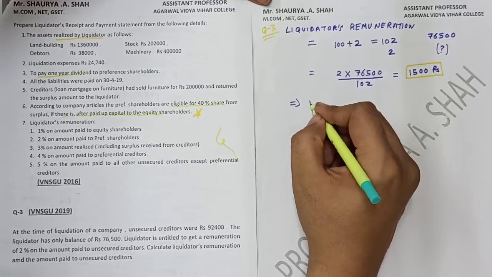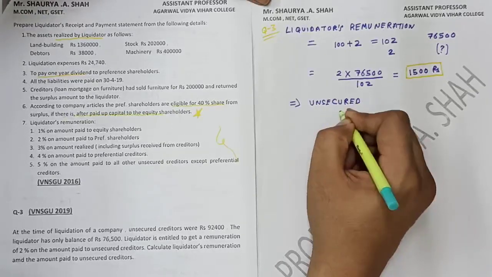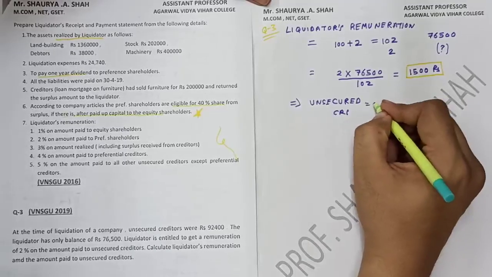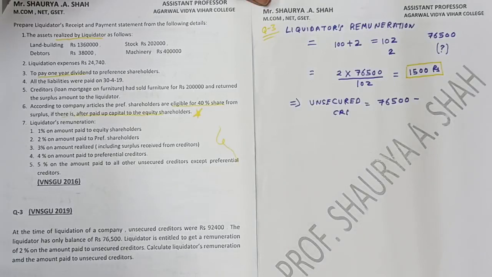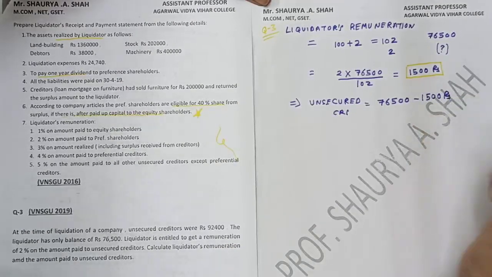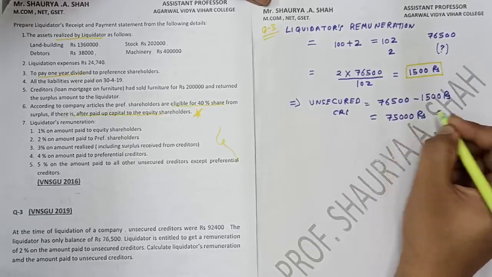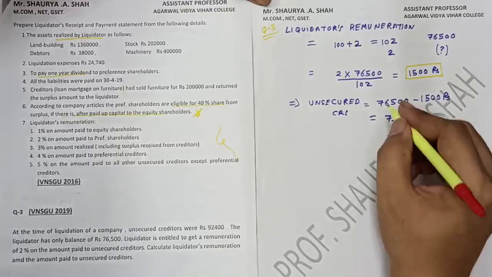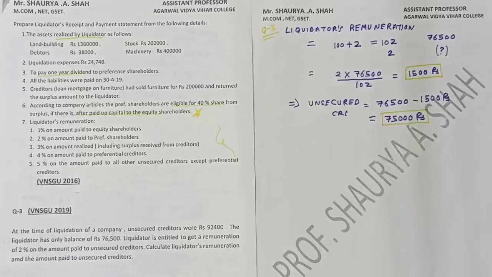Amount paid to unsecured creditors is equal to the total balance 76,500 minus 1500 rupees, that is liquidators remuneration. So the balance amount will be paid to unsecured creditors, that is 75,000 rupees, right? So these are the two answers which are asked for 3 marks or 4 marks in your exam.